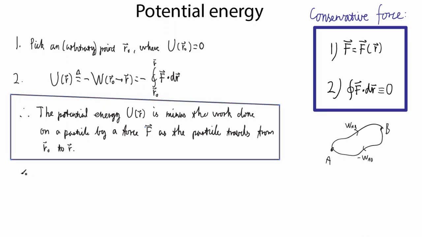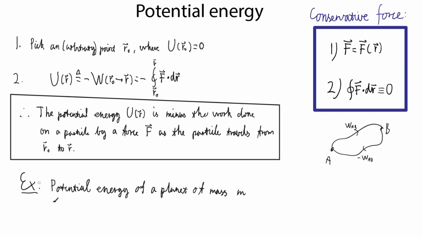So let's now do an example. We're going to look at the potential energy of a mass little m near a planet of mass big M. Essentially what we have here is a planet with mass big M, and then we'll have a second planet which is smaller, that is some distance r away from the big planet.